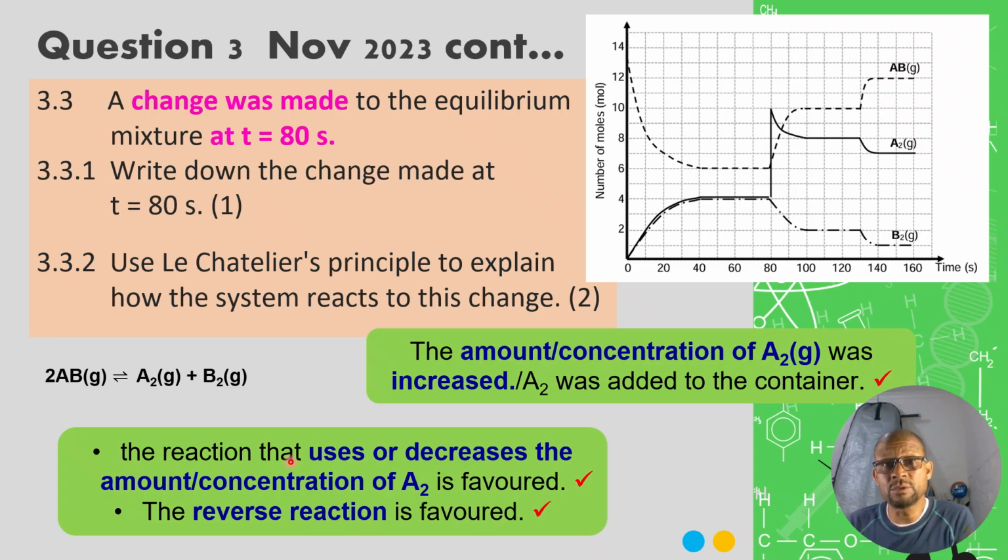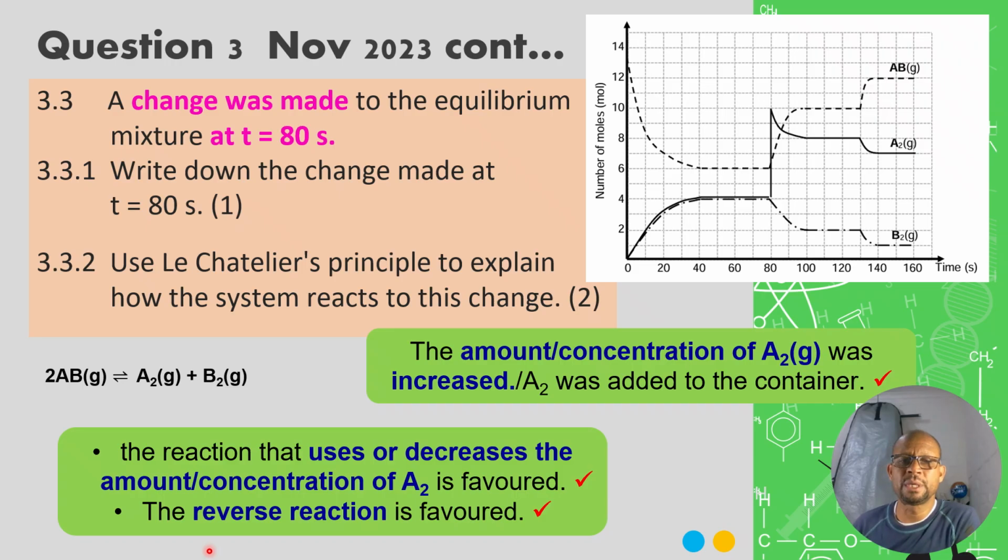And in trying to decrease it, it will either use it up or it will decrease the amount of A2 by converting it into something else. So in this case, we said the reaction that uses or decreases the amount or the concentration of A2 is favored. And then the last point, because A2 is part of the products, we now know that to use A2, we want A2 to react with B2, and in doing so, I must favor the reverse reaction.